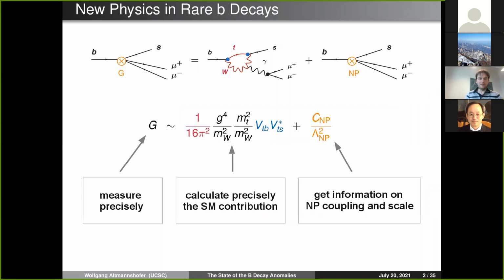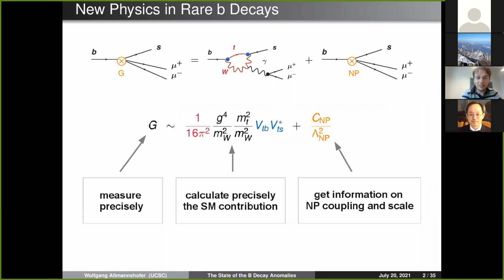So let me start by just going very roughly over the general picture. We will be talking mainly about these types of rare decays. We have a B quark decaying into a strange quark and then a lepton anti-lepton pair, in this picture a muon anti-muon, and so that is a flavor-changing neutral current process.